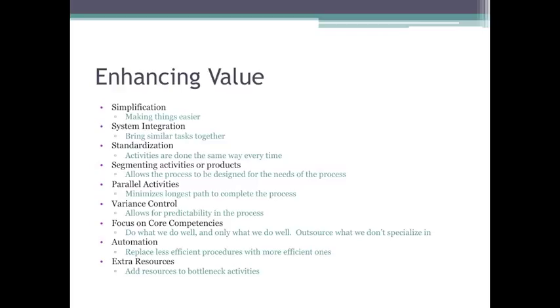If we have steps in a process that are similar, it might be a good idea to combine them into one step to have all of this occur at one point with the same machinery, the same people. Standardization. Well, we see this fairly commonly when it comes to service operations. If people do the same things every time, that reduces variance. We've talked about variance before.